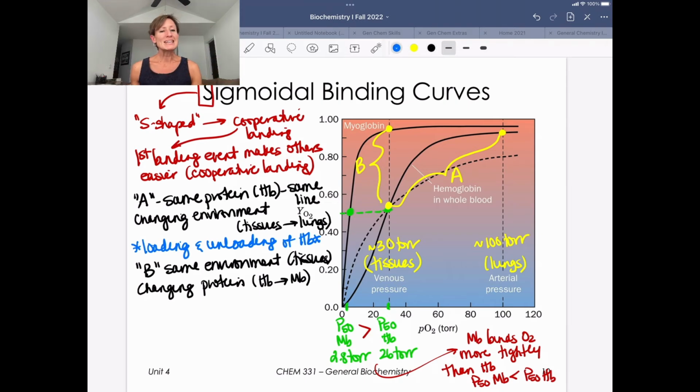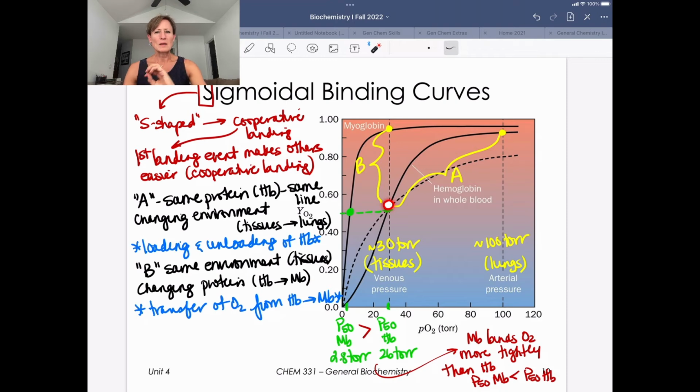So this B domain, this B region, really represents and reflects the transfer of oxygen from hemoglobin to myoglobin.